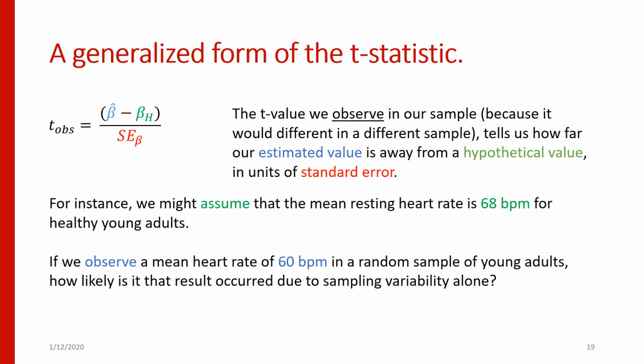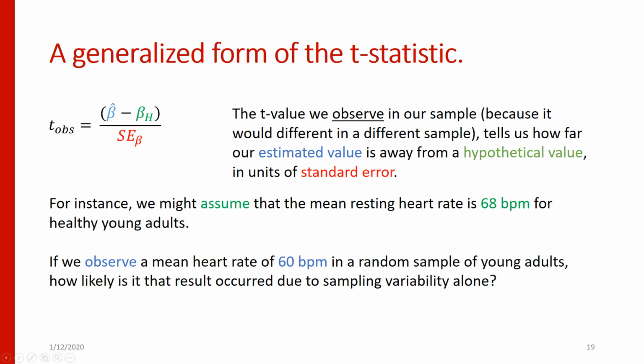So often this might be what we expect under a particular hypothesis. So for instance, in the case of fair dice rolls, right, we would say that this is the expected value of rolling a 6-sided dice, or this is the expected value of rolling a 20-sided dice. And we would say, if this dice is fair, what is the hypothetical value we should get on average? And then with that would be the true beta.